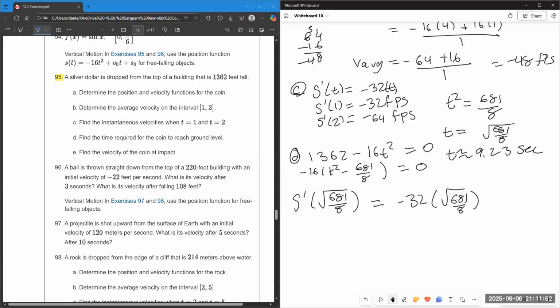This times negative 32 is negative 295.24 feet per second. And I wouldn't want to be standing anywhere close to that silver dollar.